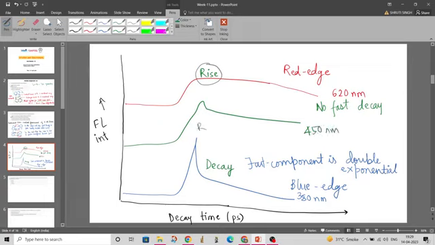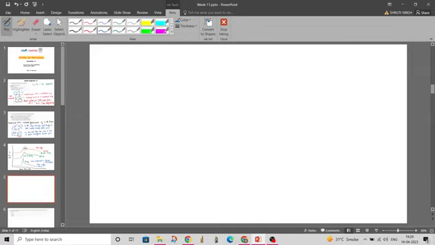It has both a fast decay, followed by a rise.